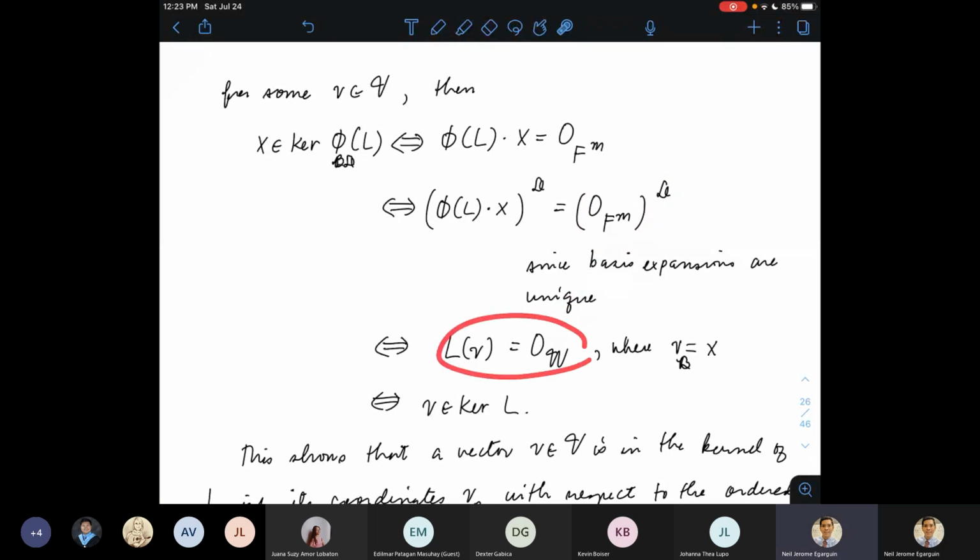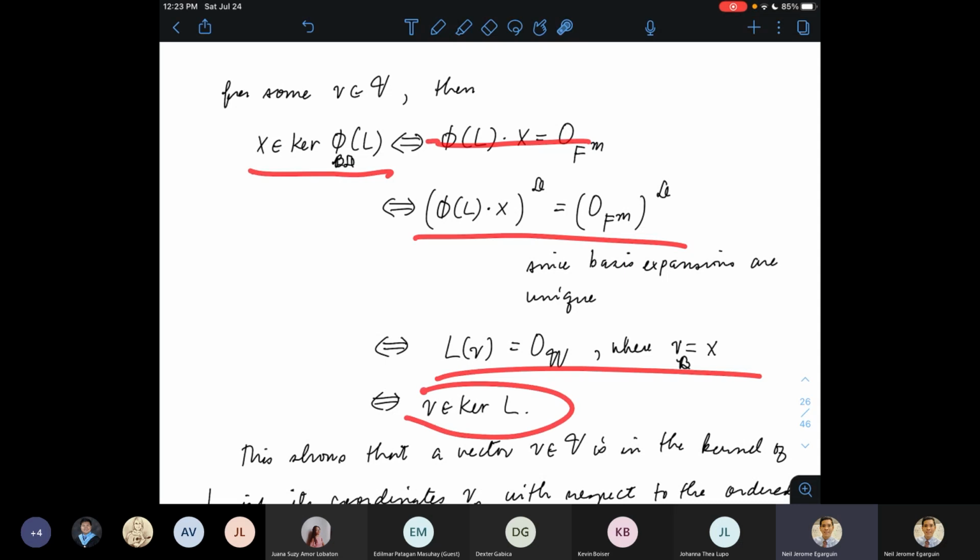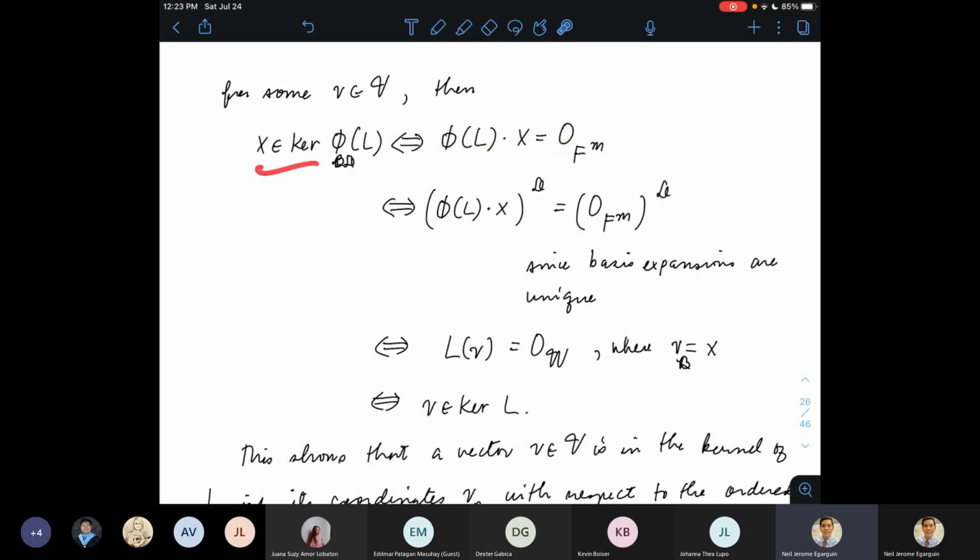And this, remember, is the very definition of V being in the kernel of the linear transformation. Okay? And this series of implications that we have just discussed are all biconditional in nature. So if you start with this, you can get this, and end up with this. So that means X being in the kernel implies V is in the kernel.